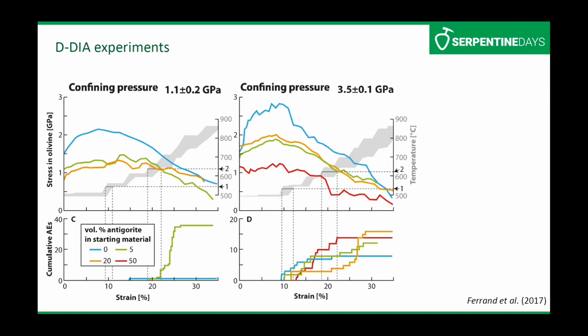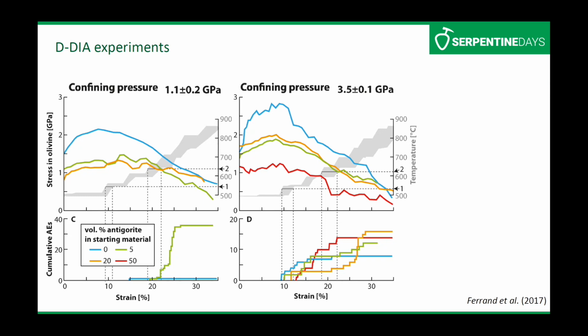Next slide, please. So these are the other set of experiments at 3.5 GPa. So you see that we have acoustic activity in any case, and importantly, we have a large stress drop both in the blue and red curves. But in the blue curve it is because we reach a very high differential stress at the sample scale, which is about 3 GPa.